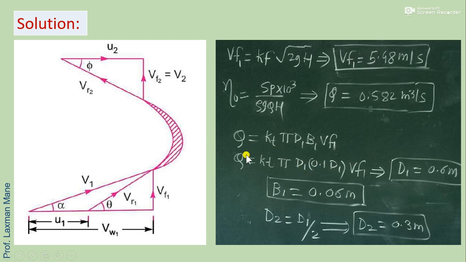D1, and the left side value of Q is also calculated, so we put it in. From this unknown, that is D1, we get the external diameter, and then by using the relation between B1 and D1 we calculate B1 also. Then from the relation between D2 and D1 we get the D2 value.